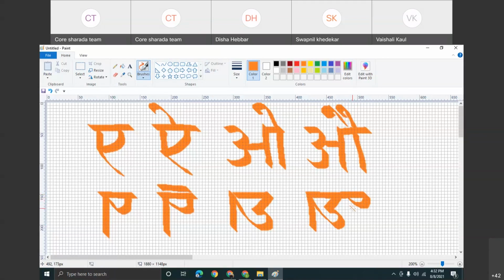So these are actually the four energies of Lord Shiva, and these are the energies of action, so Kriya Shakti. In fact, as we learned earlier, first we learned about the Chit Shakti, then Ananda Shakti, then Ichha Shakti, then Jnana Shakti.